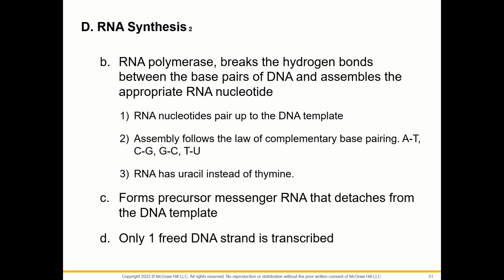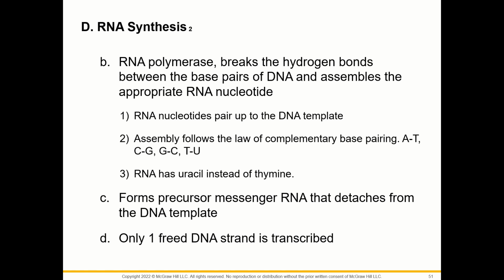And so next, we're going to talk about RNA polymerase. This is an enzyme with the ACE there and polymer. It's building a polymer. So RNA polymerase will break the hydrogen bonds between the base pairs of DNA, and it assembles the appropriate RNA nucleotide.